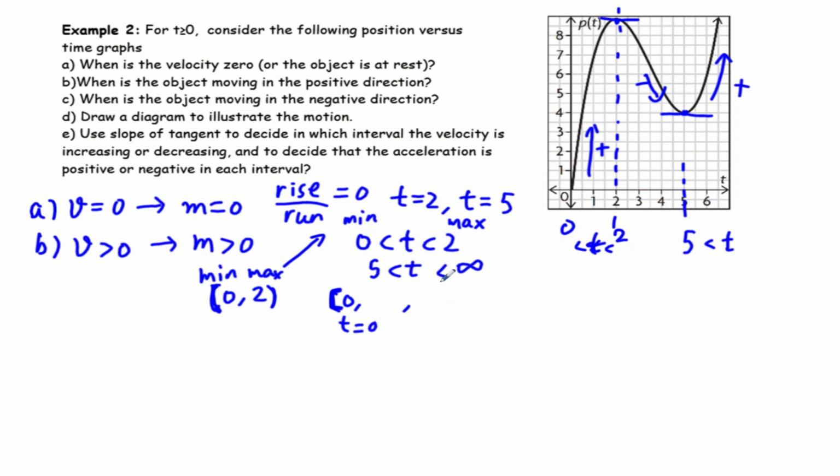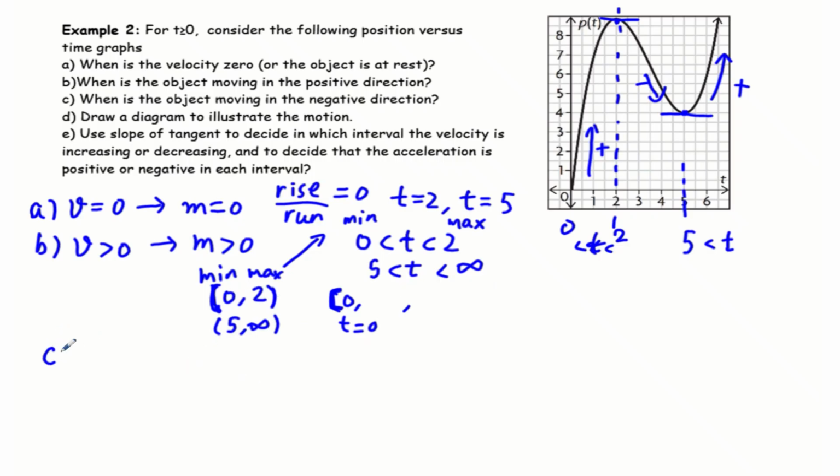So 5 to infinity, we could write it as 5, comma, infinity, minimum first, maximum after. When we write it as an inequality, it's 5 less than t less than infinity. This is interval notation, okay?